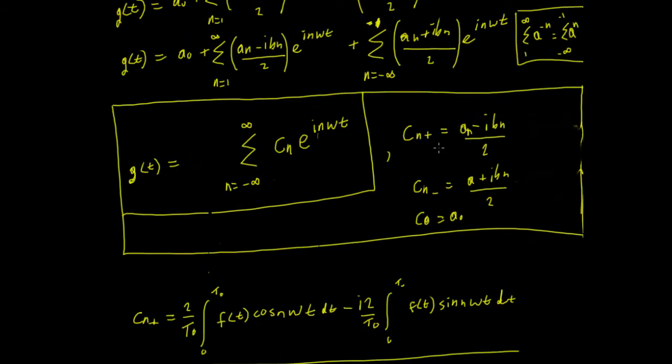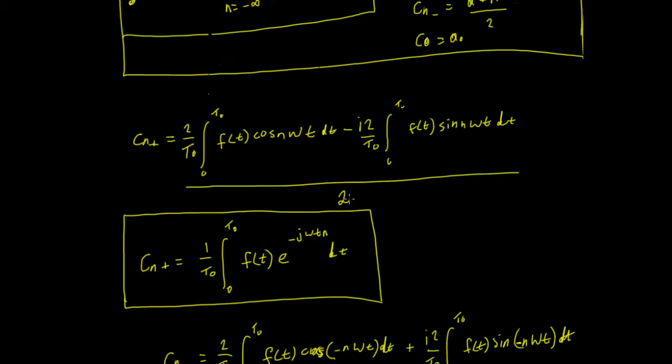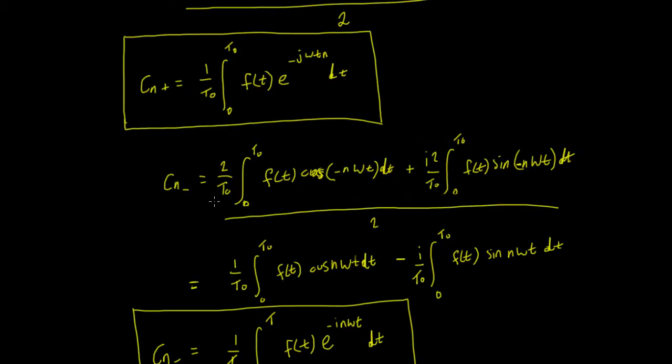Now what we can do is show that we get the same answer for all the values Cn minus. That's all I've done here. Now for Cn minus, the cos n omega t has been replaced by the negative n omega t, because it's negative values of n, and again there's negative values of n there, and we just use the trig identity. So cos of a negative value is the same as the cos of the positive value, so this line there is the same as this line here, and the sine of a negative value is the same as negative the sine of a value.